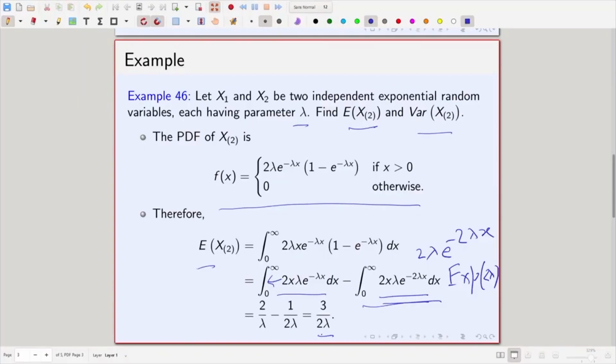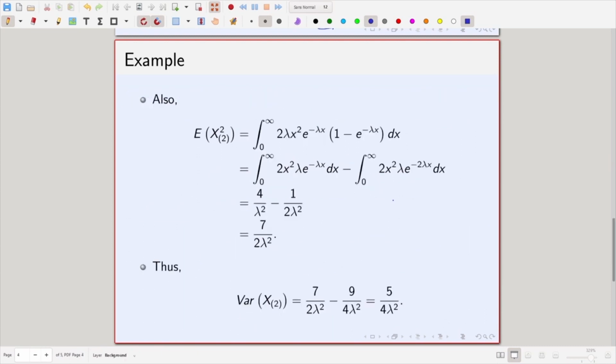Here we are not exactly finding the distribution, but we actually have found the distribution because this is the density of the maximum. So that gives you the distribution of the maximum, and also we have calculated the mean of the maximum. Now what about the variance?